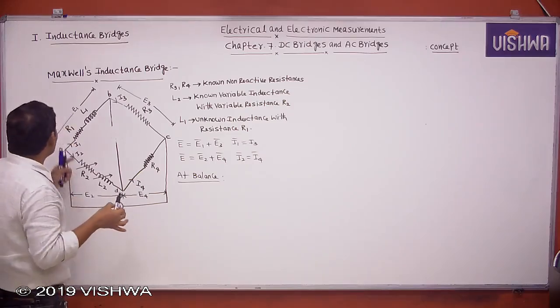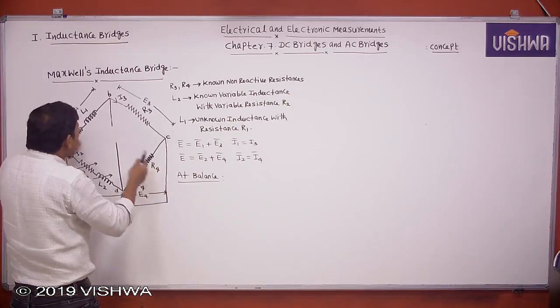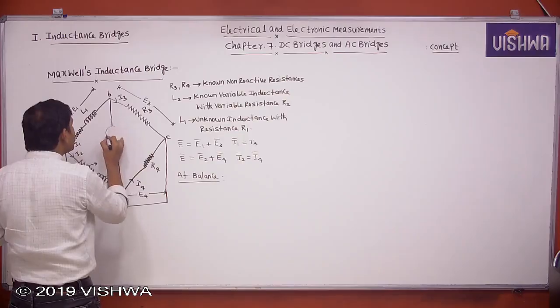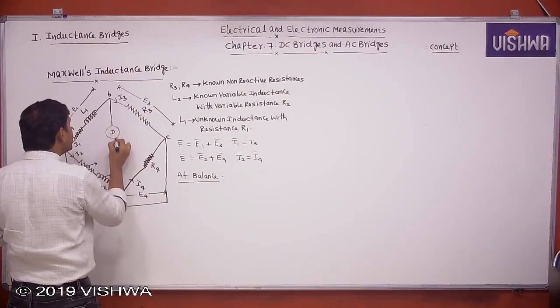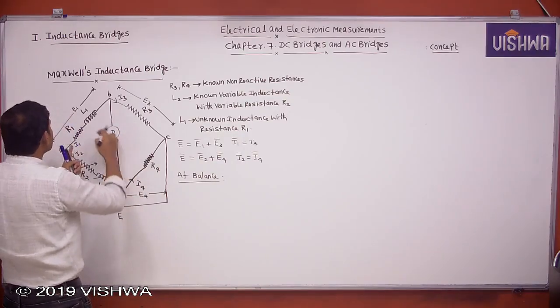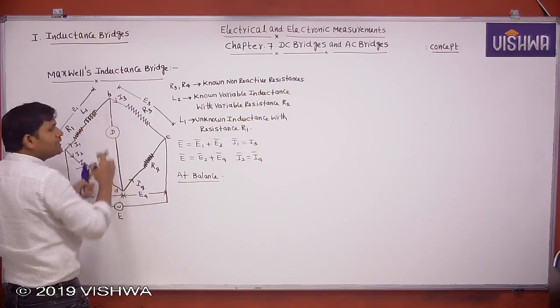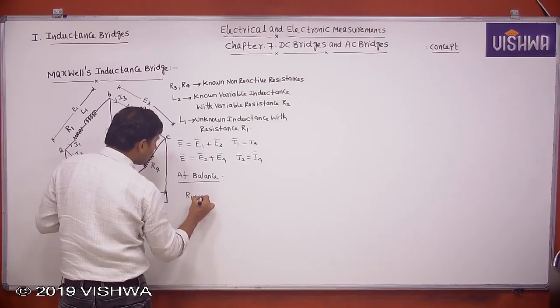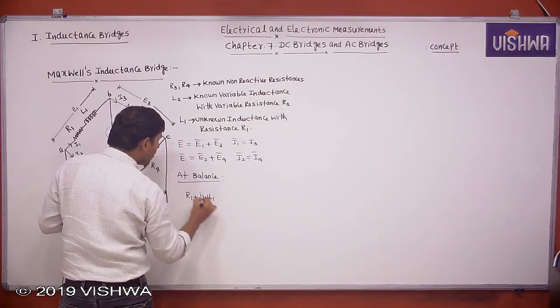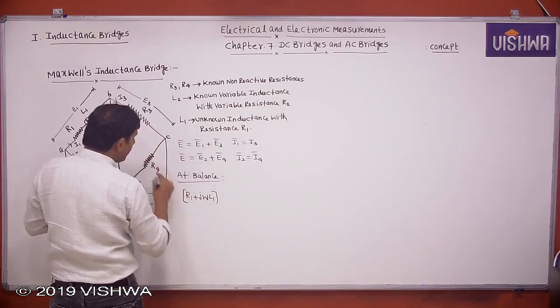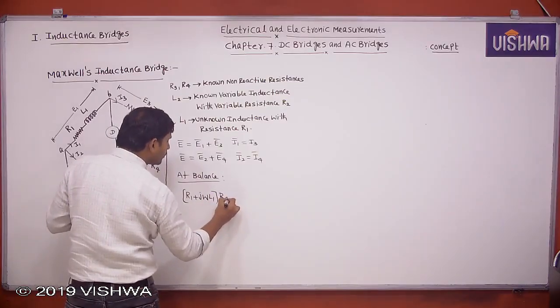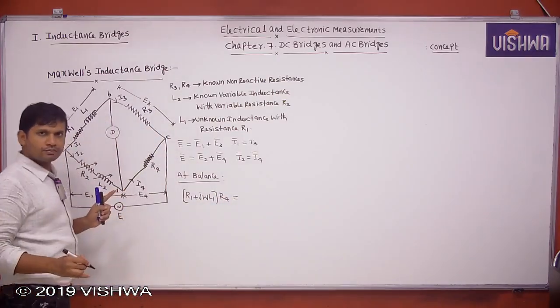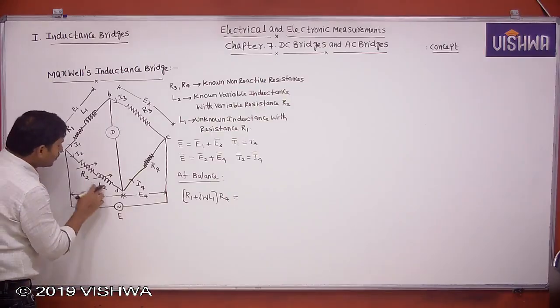Now, product of opposite impedance. This is a detector. This is R and L in series. How to write the impedance? R1 plus j omega L1, into the opposite resistance R4, is equal to this R2.